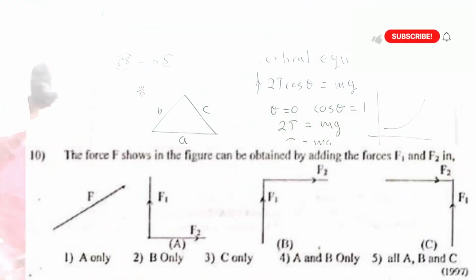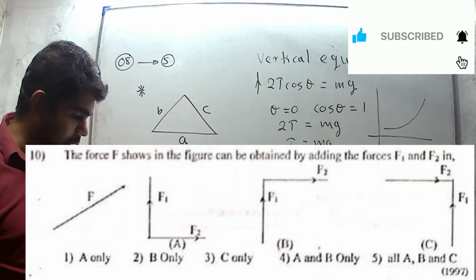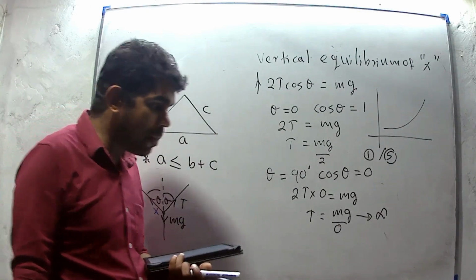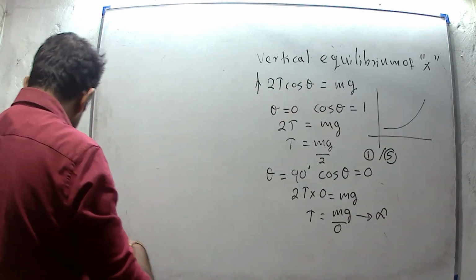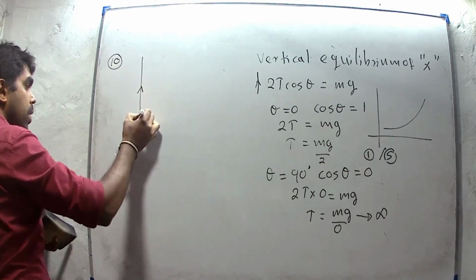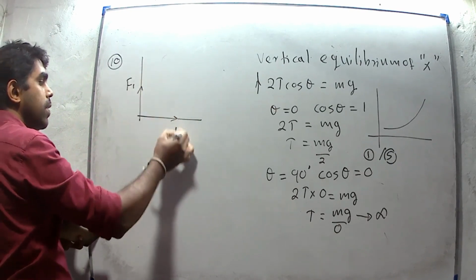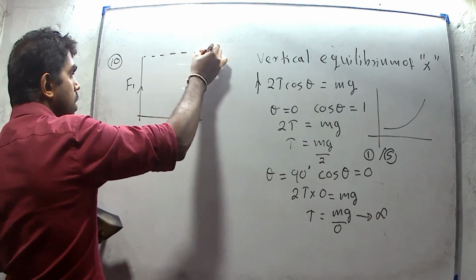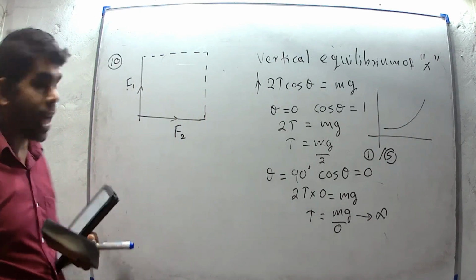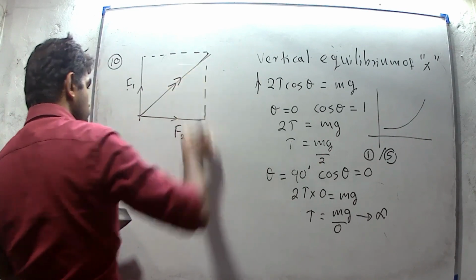Question number 10. The force F shown in the figure can be obtained by adding the forces F1 and F2 in. There are three diagrams A, B and C. We can consider A. In figure A, there are two forces like this, F1 and F2. We know that if we represent these two forces by adjacent sides of a parallelogram, the resultant should be the diagonal.